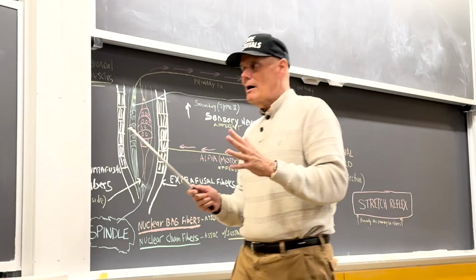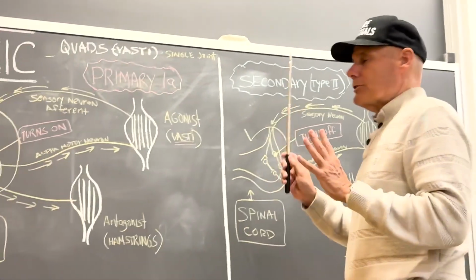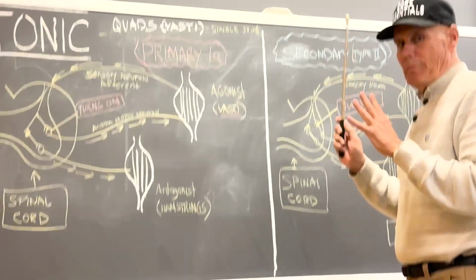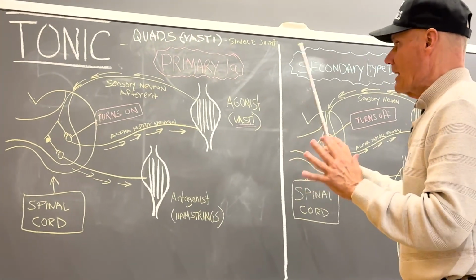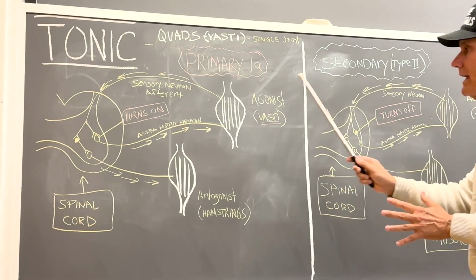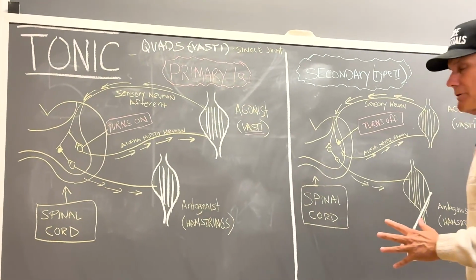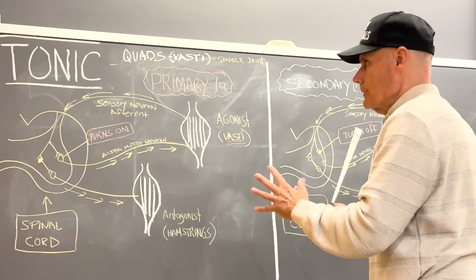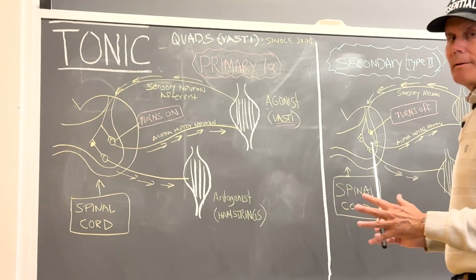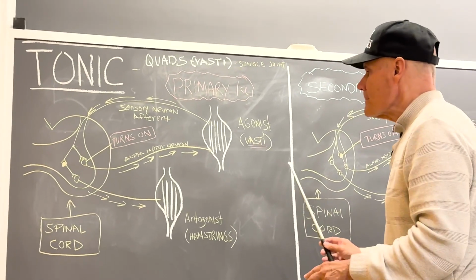So let's go on to this board, and we're going to talk about the primary 1A's influence on a tonic muscle, as well as a secondary type 2 influence on a tonic muscle. As you can see, there are 2 diagrams here, and that'll become important when I show you the next blackboard, okay?